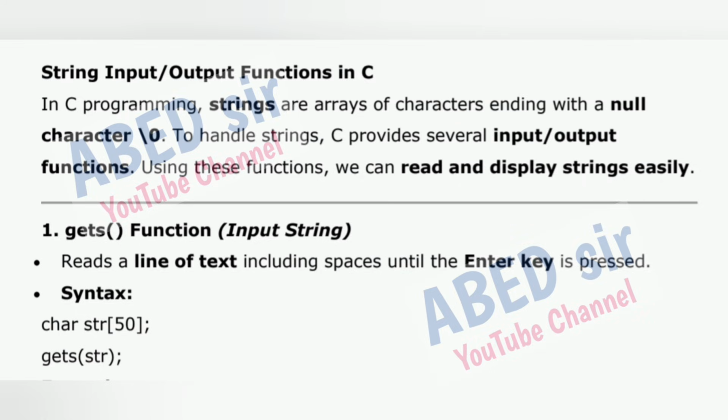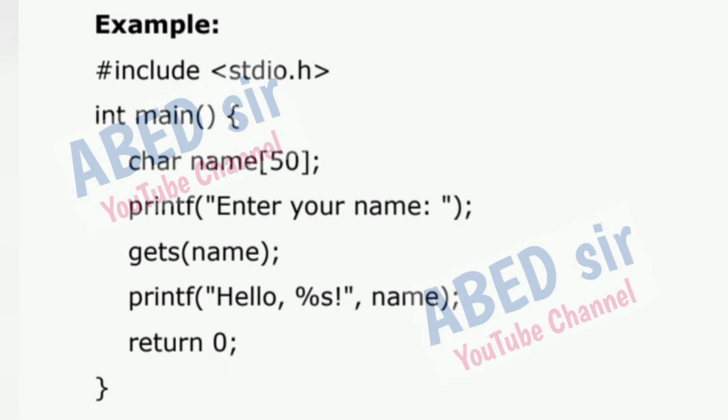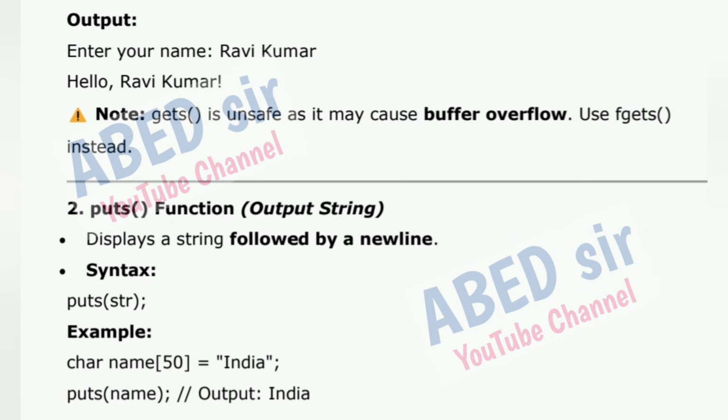1. gets function, input string. Reads a line of text including spaces until the enter key is pressed. Syntax: char str[50]; gets(str); Example: #include <stdio.h> int main() { char name[50]; printf("Enter your name"); gets(name); printf("Hello, %s", name); return 0; } Output: Enter your name: Ravi Kumar.